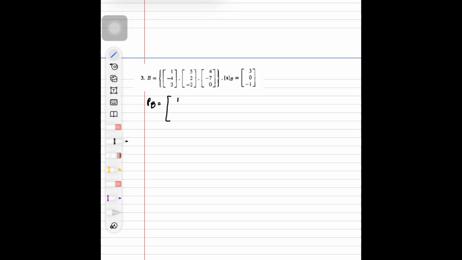So 1, negative 4, 3, 5, 2, negative 2, 4, negative 7, and 0. This is basically the combination of the entire basis. And we have x of b, the coordinate vector, which is 3, 0, and negative 1.